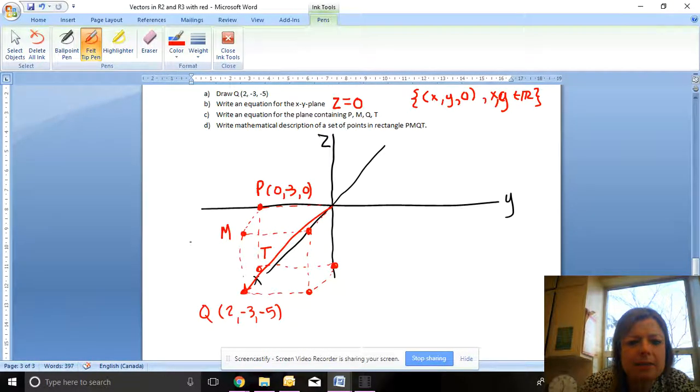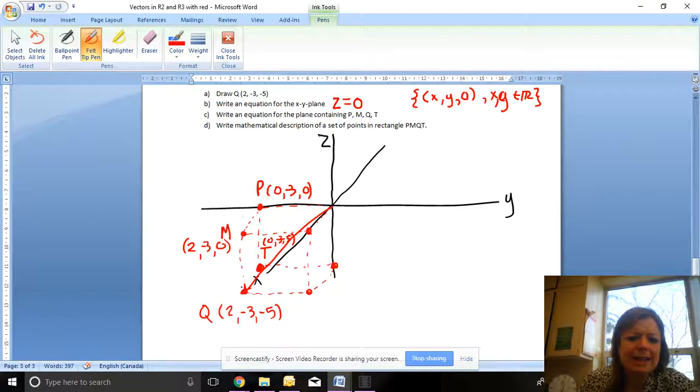This M is the point where I've gone my 2 and my -3, but then I haven't gone up or down. And then my point T here is, so I've gone over and down, so (0, -3, -5).